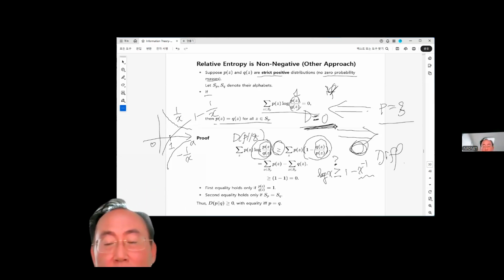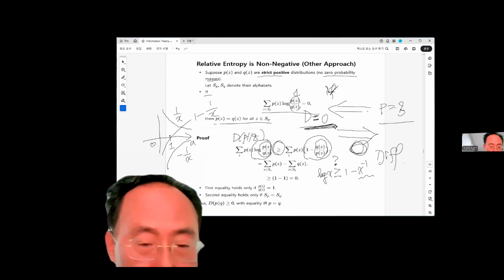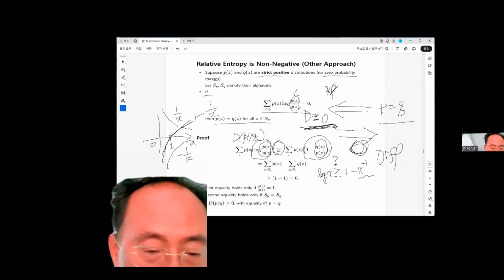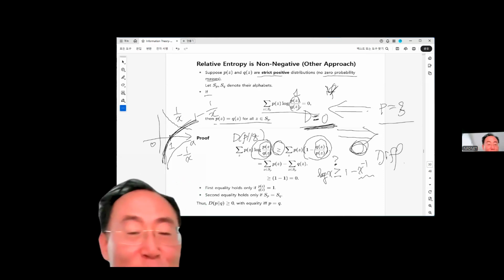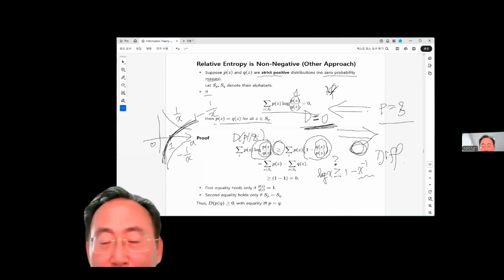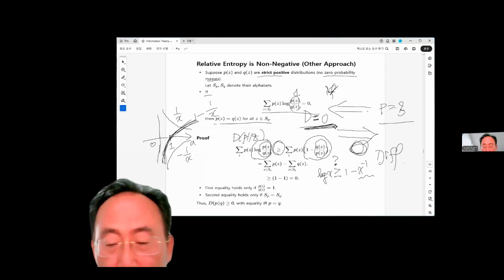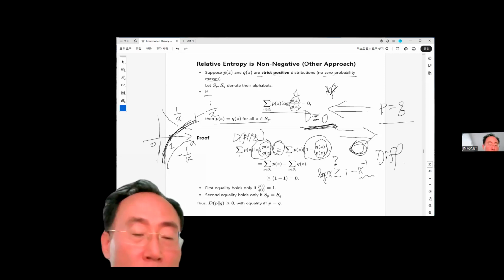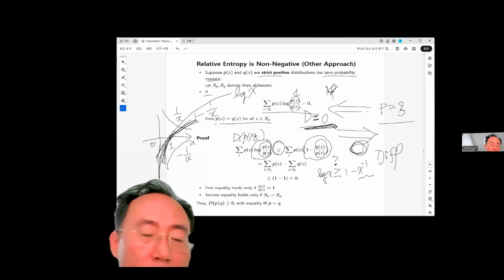And then this one says, that is 1 minus 1 over x. And then I have log x. If I draw log x, that is log x. All right.